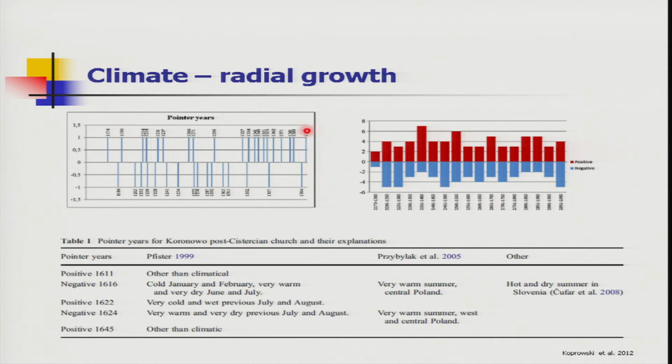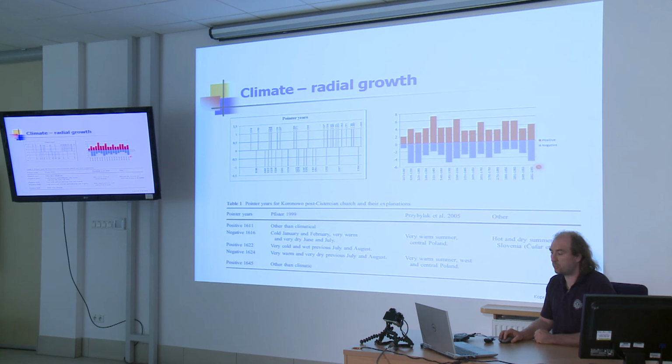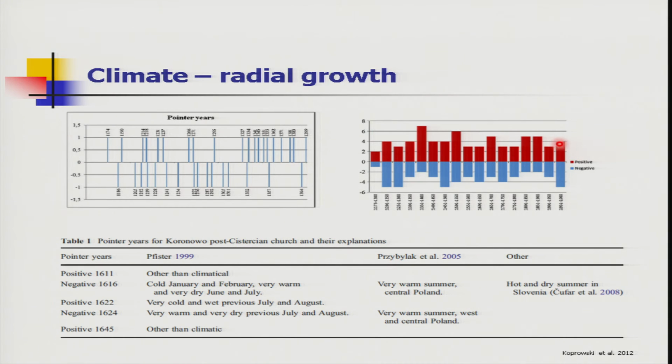On this left picture, you can see identification of pointer years in one of the centuries that was analyzed, and here there's a complex picture showing fraction of positive in red and negative in blue pointer years in consecutive 50 years periods.